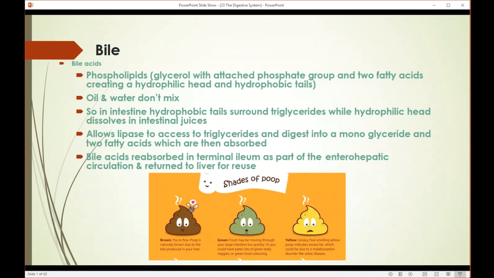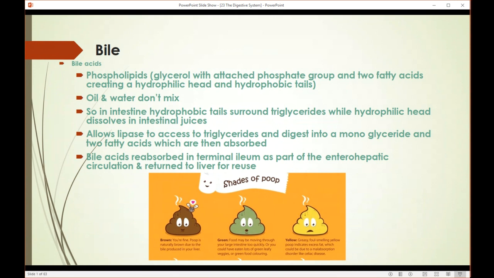And remember that oil and water don't mix. So within our intestine, we have these hydrophobic tails. They're going to surround the triglycerides while the hydrophilic head dissolves within the intestinal juice. This allows the lipase to access the triglycerides and digest it into a monoglyceride, and the two fatty acids are then going to be absorbed.